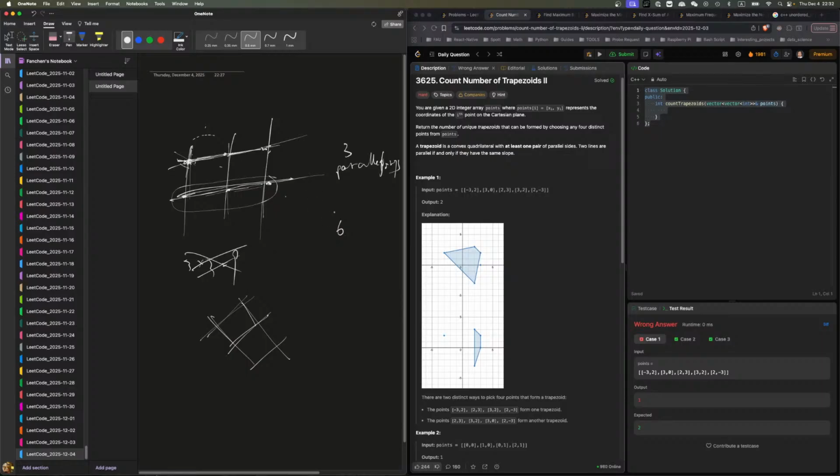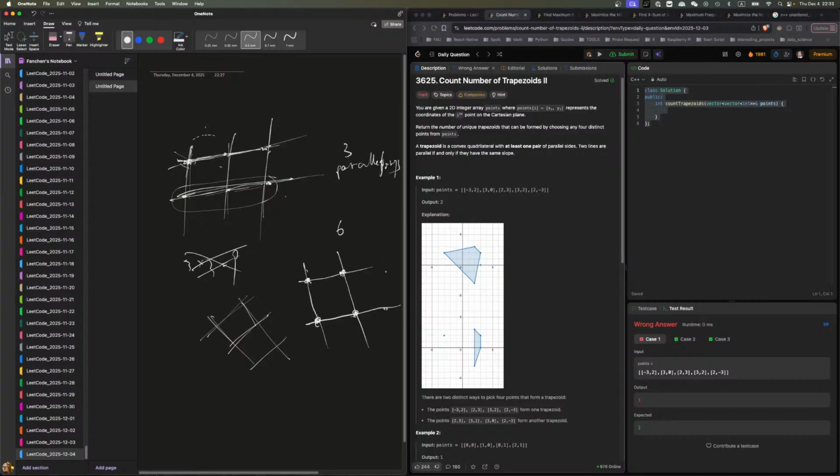So we just need to find for each pair of slopes how many points, and it has to be, what if I have 5 points? That's the same. 1, 2, 3, 4, 5. And then let's say these happen to be on the parallel.